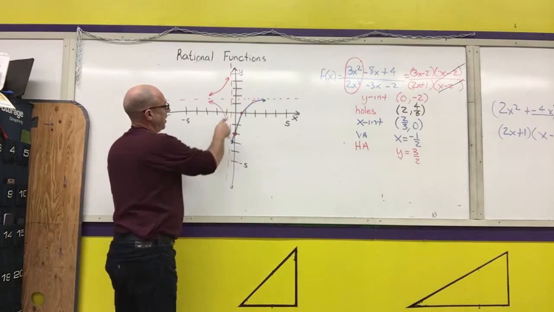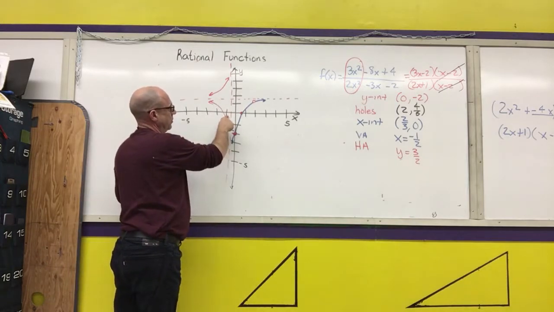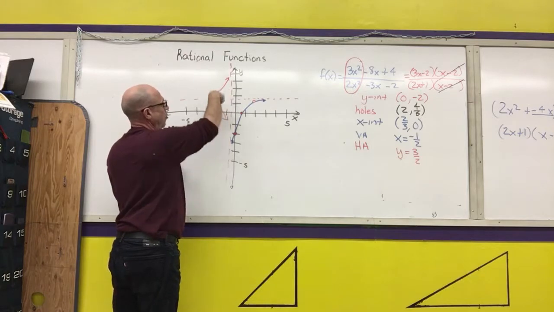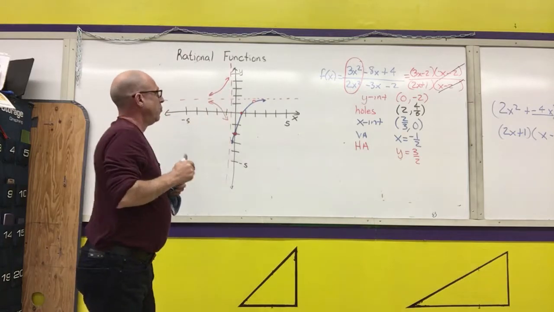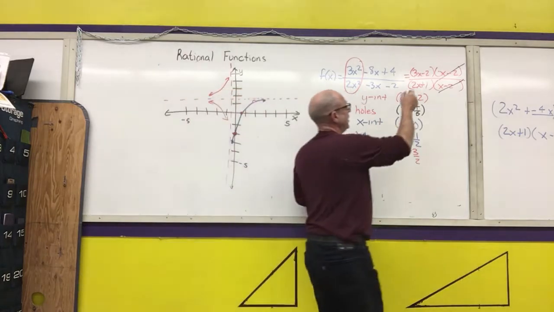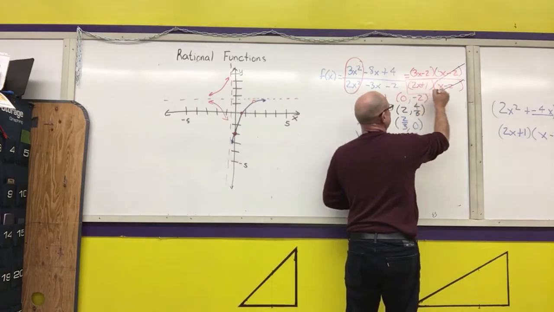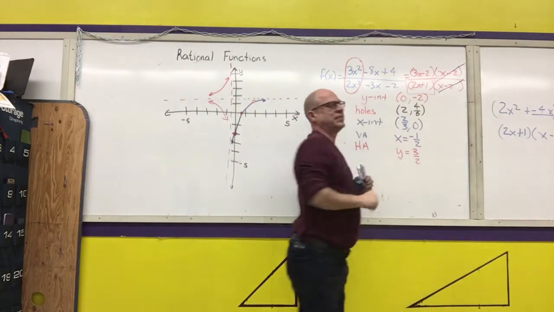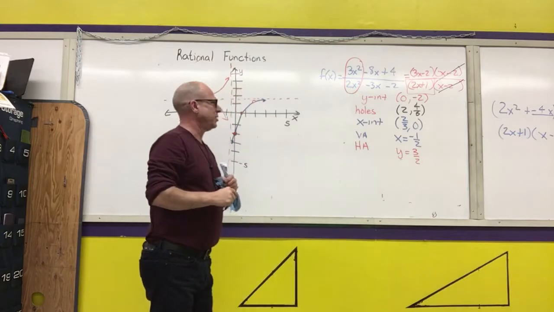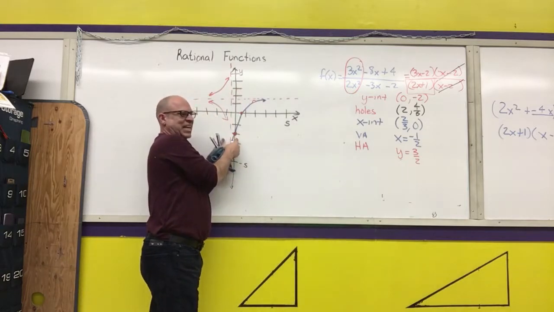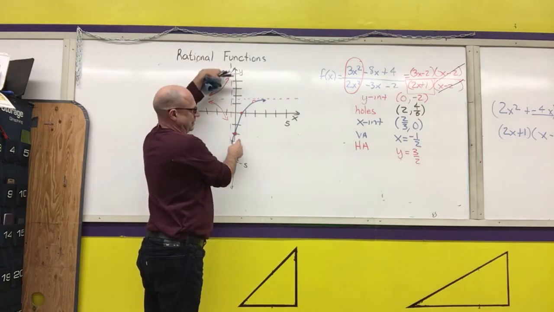Well, the way to figure that out is to put a number into the function and figure out where you are on the graph. One thing I want to tell you is multiplicity also works for vertical asymptotes. If the multiplicity is even for a vertical asymptote, you're going to approach on the same side. If the multiplicity is odd, you're going to approach from opposite sides.